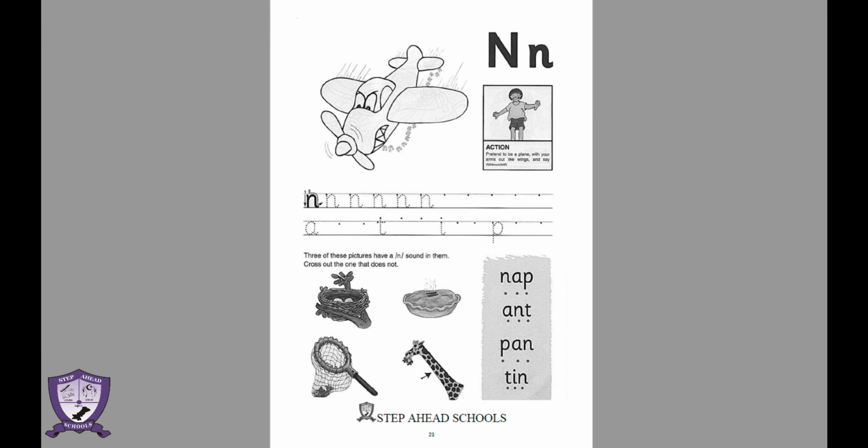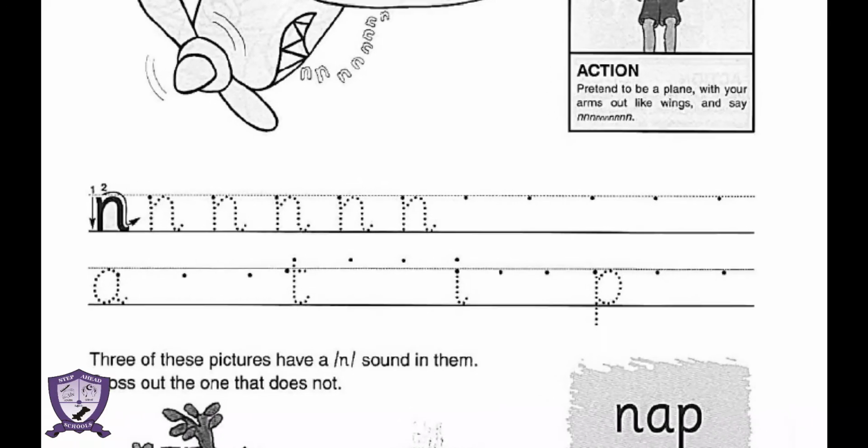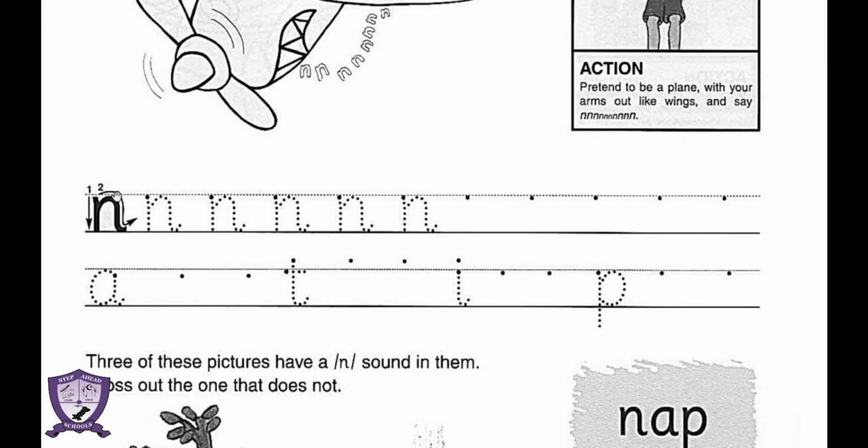Now, focus on the work that we need to do. Page number 21. You again have to trace N's. In this first line, what you need to do is to trace. Starting from number 1, make a small line, starting from this line, touching down till this line, straight line, and then like this.